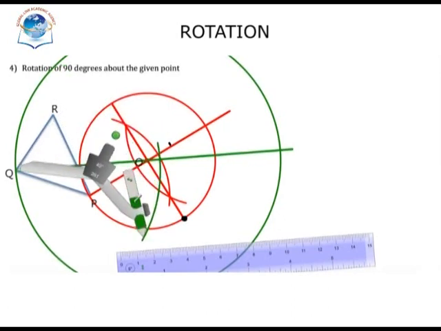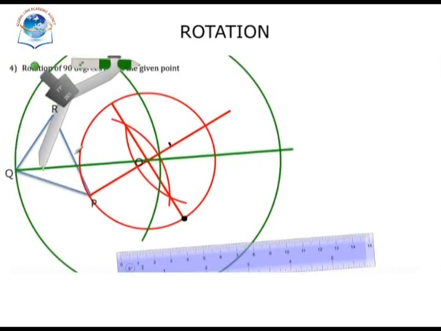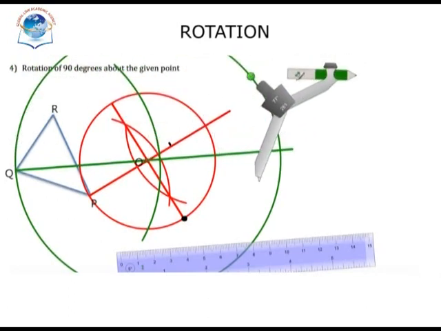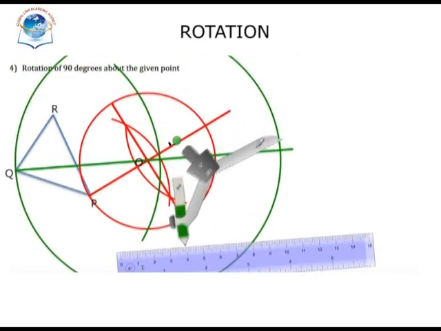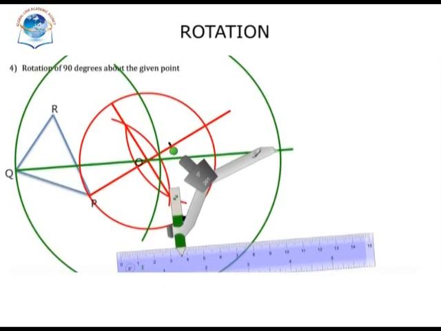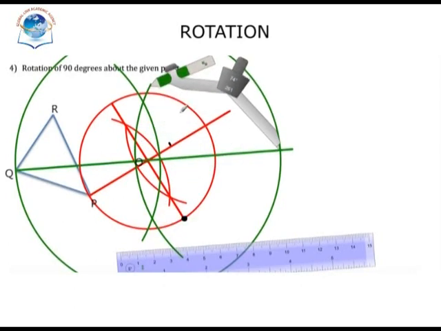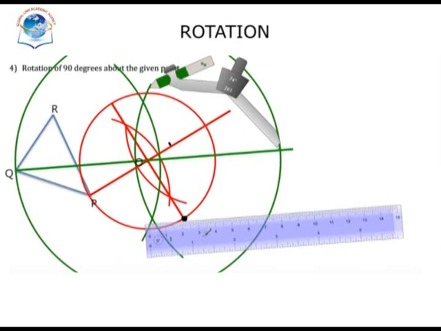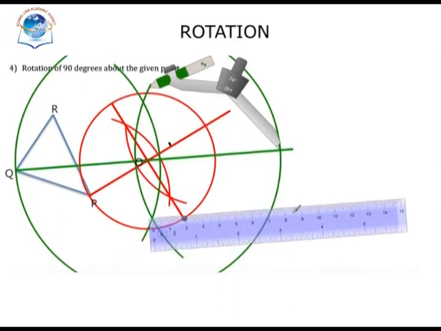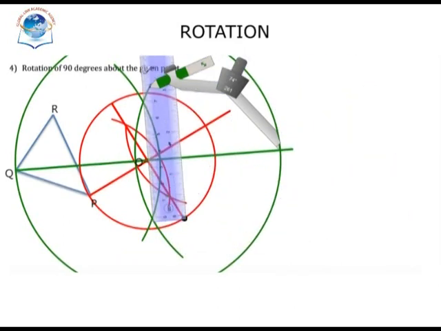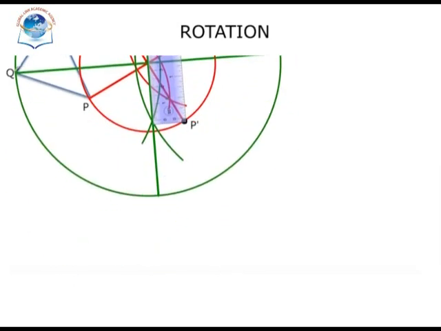First arc. The other side. Oops. Second arc. Draw that bisector now. Now you see, if this point rotates anti-clockwise, it will come here, and that's Q prime.